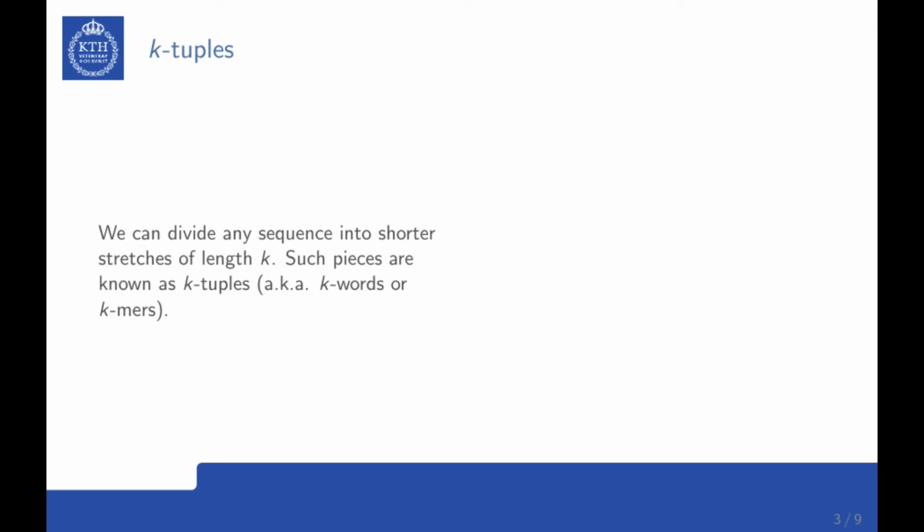Another concept that we need to walk through in order to get to where we want to get with this lecture is so-called k-tuples. K-tuples are short stretches of sequence of length k. They are a good way just to divide a longer sequence into shorter morsels.